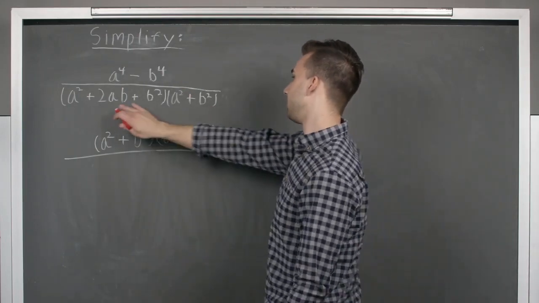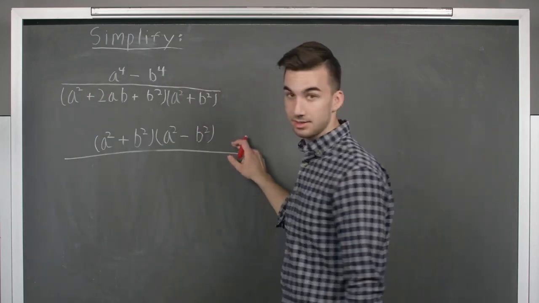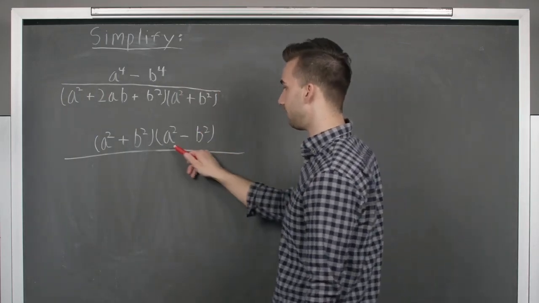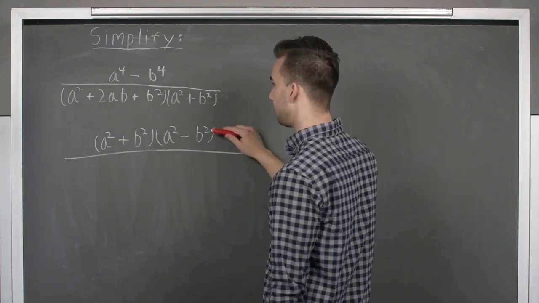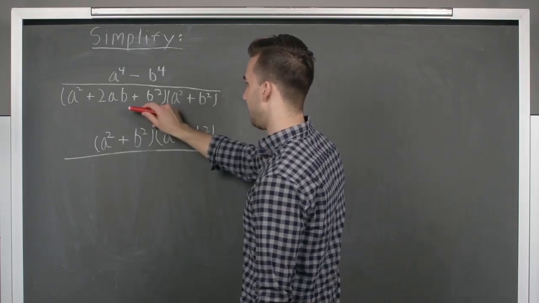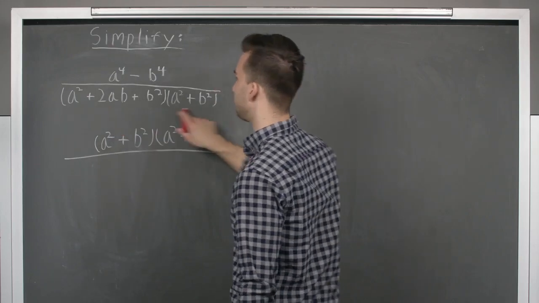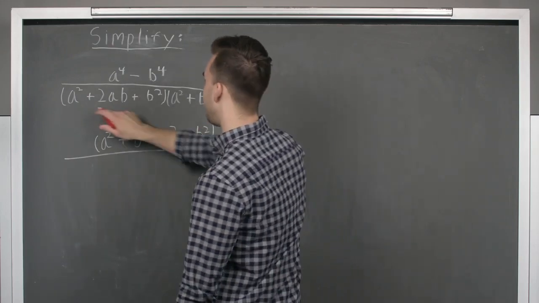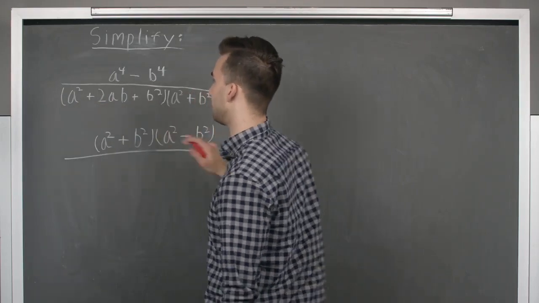And then let's factor the denominator. Notice that if we need to, we can factor this again as another difference of squares, but I have a feeling that we're going to need to cancel an a squared minus b squared somewhere. But let's just see. So let's do the denominator. Over here, we have a perfect square, right?